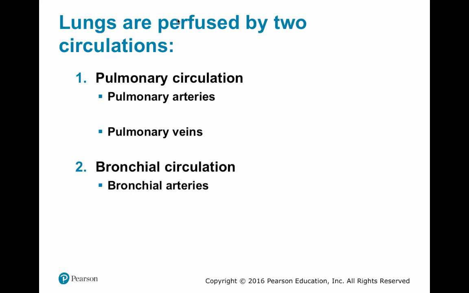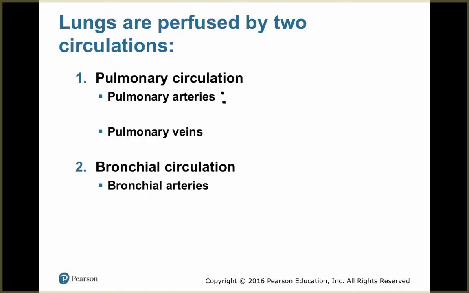Now, lungs are perfused by basically two circuits. You have the pulmonary circulation and you have the bronchial circulation. The pulmonary arteries deliver systemic venous blood from the heart to the lungs so that the blood can be oxygenated.